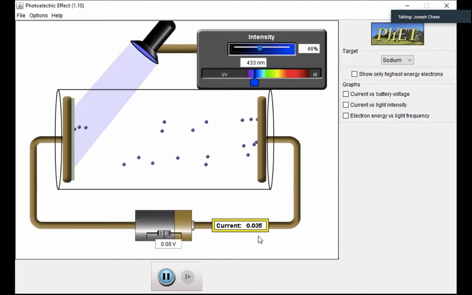Let's take a look at some values. So 0.035. And we're taking a look at the speed. Now the current, and I'm getting a few electrons, but probably too few for us to actually be able to measure.